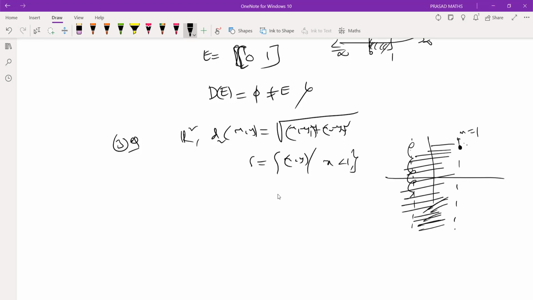Is it a limit point? Yes, because every neighborhood contains at least one point which is to the left of the line. Therefore, yes, it is a limit point. Is it a limit point? Yes. Is it a limit point? Yes. But the points on the line are not members of the set E, since the points have x less than 1, not equal to. So the derived set is nothing but the set of all points with x less than or equal to 1. But this cannot be E, because the points on the line do not belong to the set E. Therefore, it's not perfect. Is it clear?